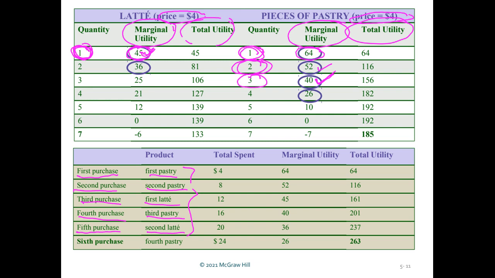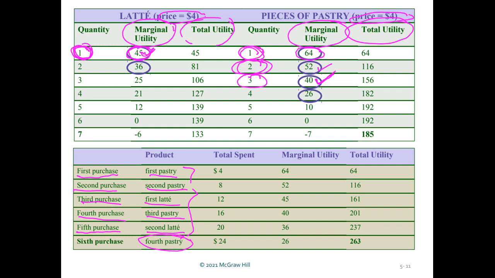I'm sorry, that's why I thought it was $12. Now it's $20, and it needs to be 24, so the fourth pastry as well. So basically, she's buying four pastries and two lattes. Four pastries will cost you 4 fours are 16, and two lattes would cost you $8. 16 plus 8 is $24, and she has $24. So that is the optimum purchasing rule.